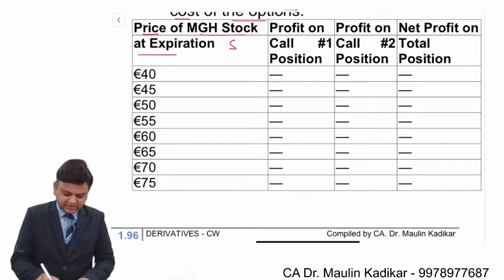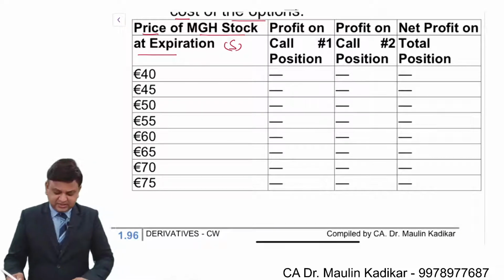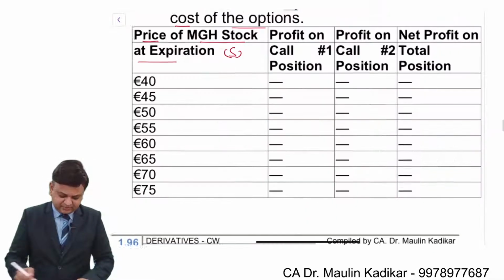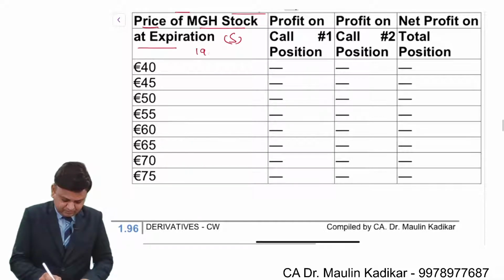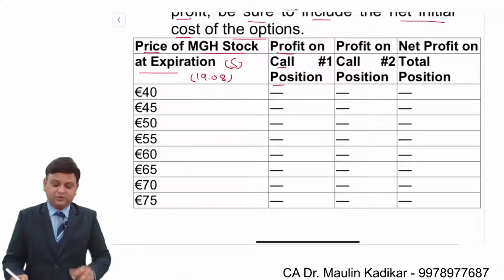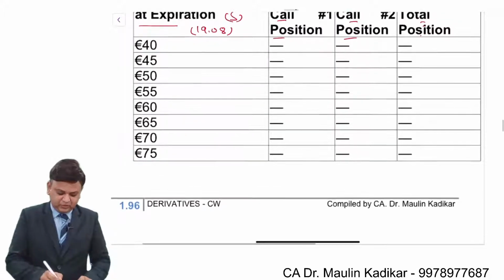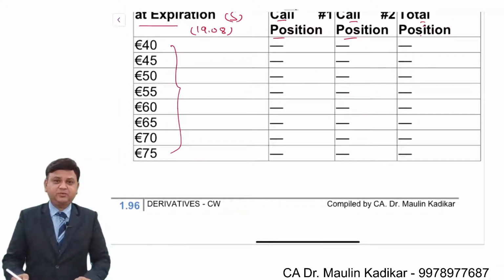This is the spot price, the day on which the option expires, that is 19th of August in our example. Profit on call 1 position means the payoff. Profit on call 2 position, that is payoff. Net profit or loss. For these spot prices, we are required to make the calculation.